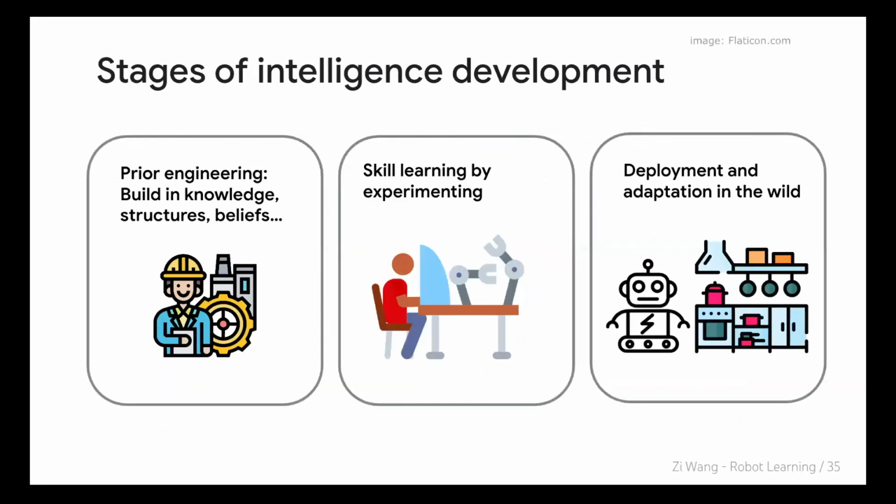Okay, so we've talked about the before deployment. So how do we build in the knowledge of the AI planning algorithm? How do we build in the belief like a Gaussian process? And then eventually carry out the skill learning part by experimental design. So once all these are finished, just to recap, we want to deploy the robot in the real world.